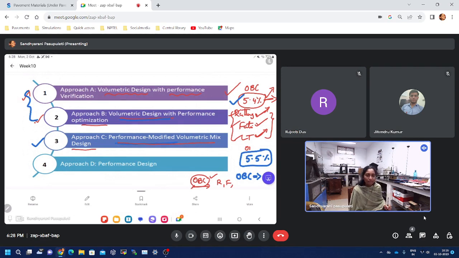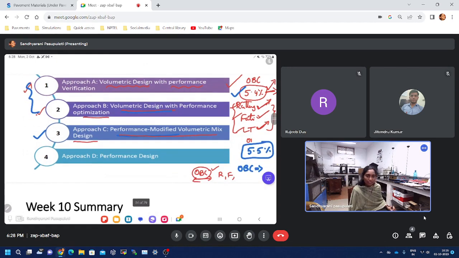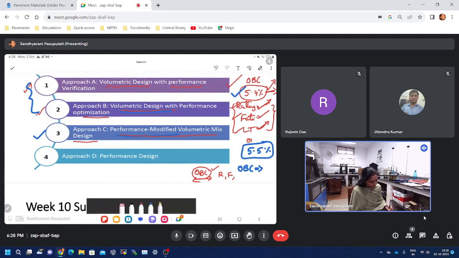So now we will confirm that at this OBC my mix is able to satisfy the volumetric requirement. So in this approach C, we are actually designing the optimum bitumen content based upon the performance distresses. Still, we will check the volumetrics as a check at the end. But when it comes to approach D, it is completely a performance design. There is no volumetric mix design.